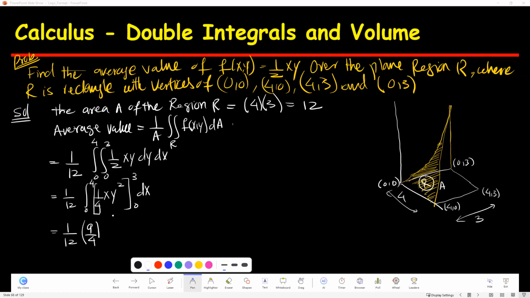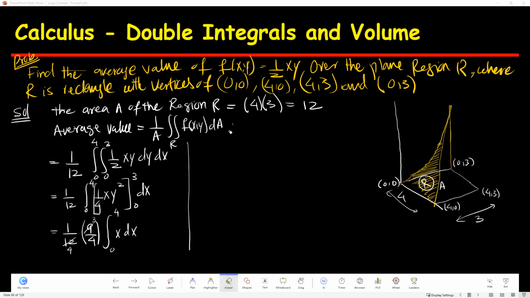I'm gonna take it out and then leave it inside, integral from 0 to 4 of x dx. Okay, let's solve this one as well. Maybe we can simplify. This one is 3 minus 4, so it's gonna be 3 over 4 times 4 is 16, so 3 over 16. Inside the integral, I'm going to be just doing it direct.